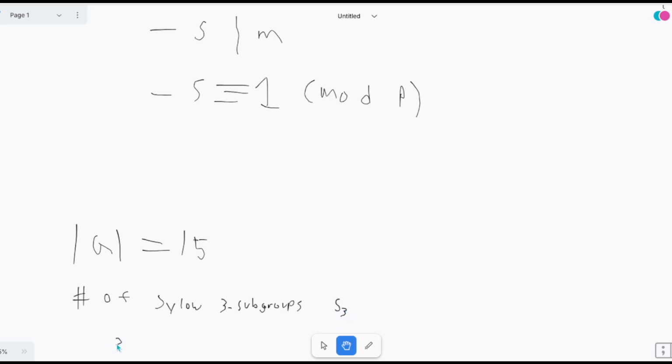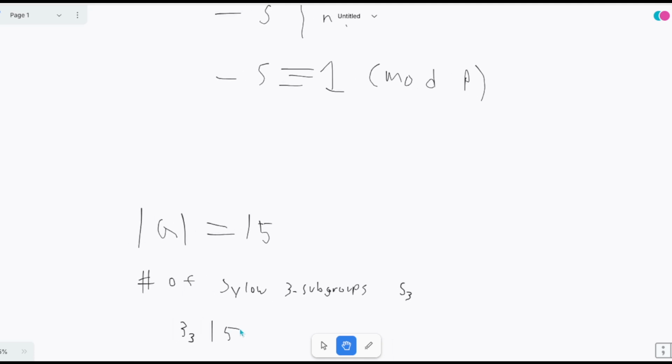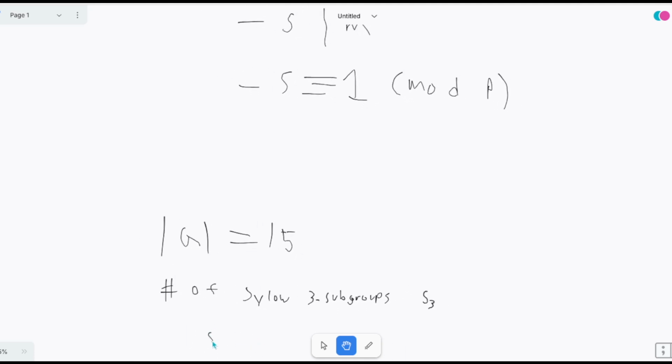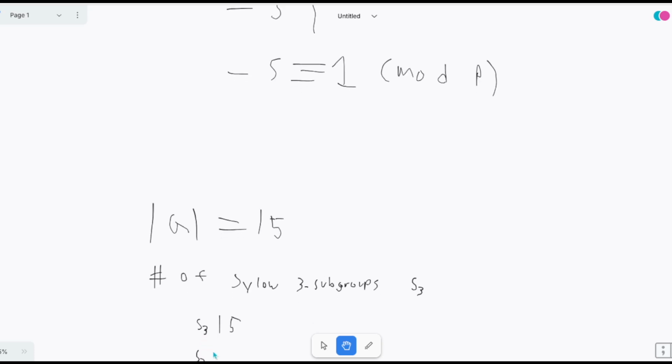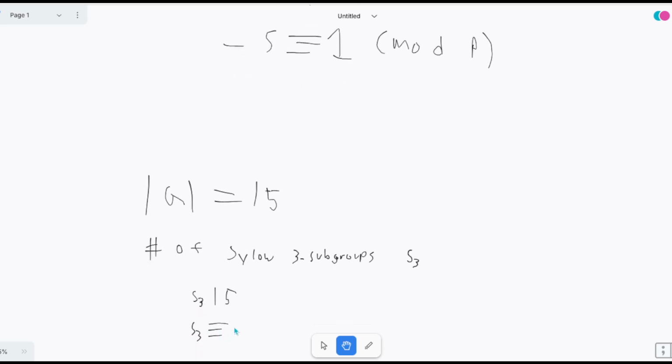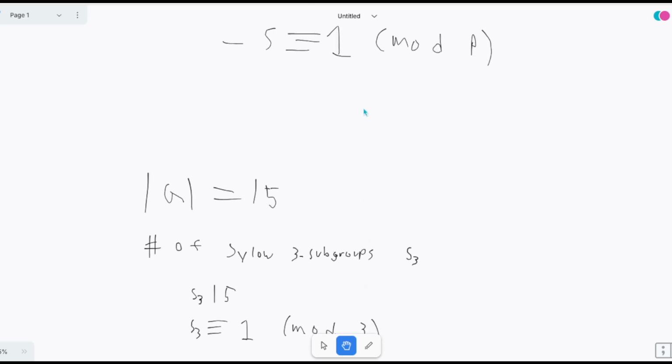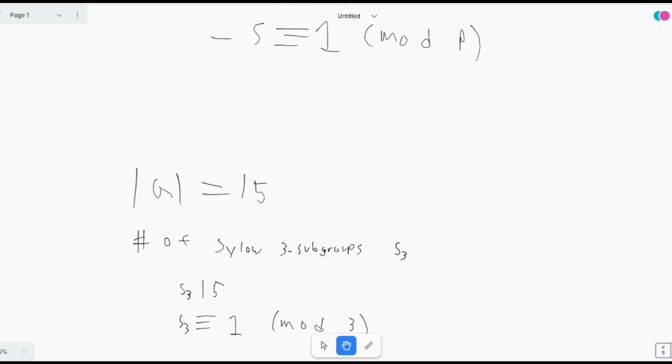So we have, S3, the number of Sylow 3-subgroups, divides 5. And it's congruent to 1 mod 3. Right? That's exactly this notation.